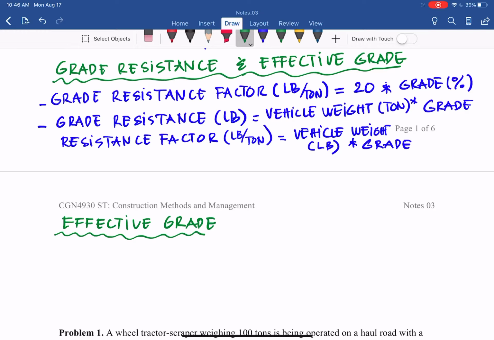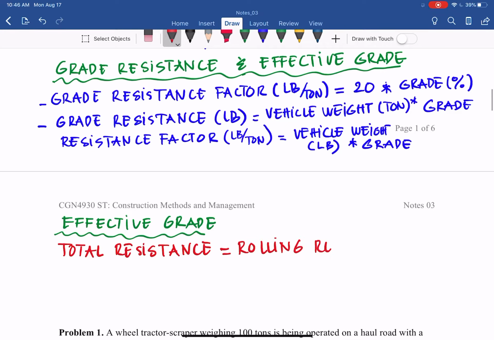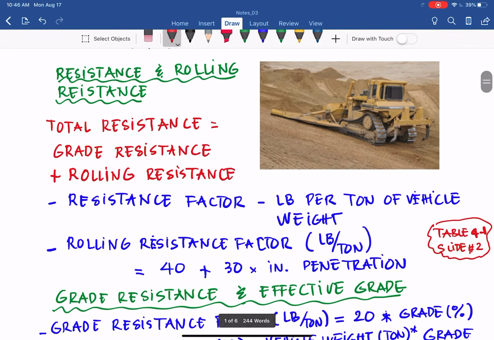So effective grade, it will be total resistance equal to rolling resistance plus grade resistance. This equation I just rewrote already has total resistance, grade resistance, and rolling resistance.